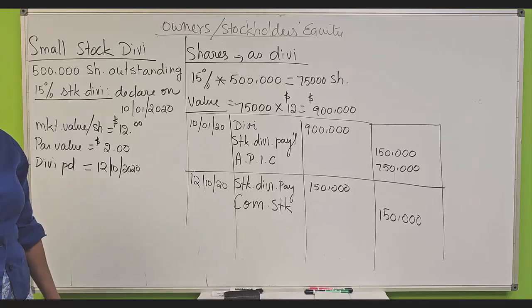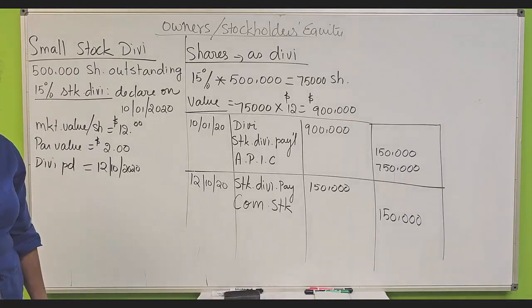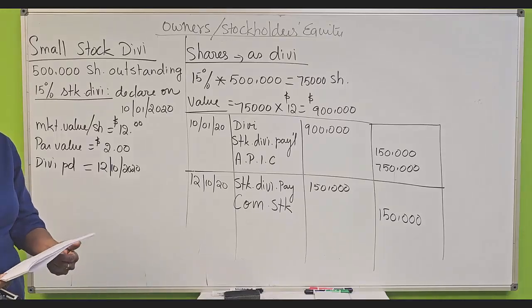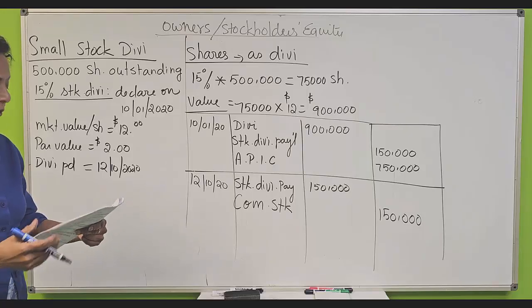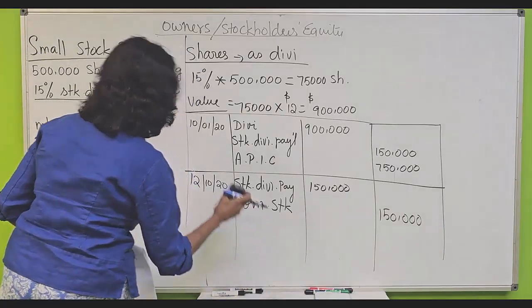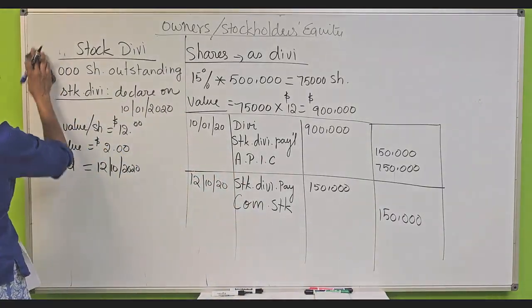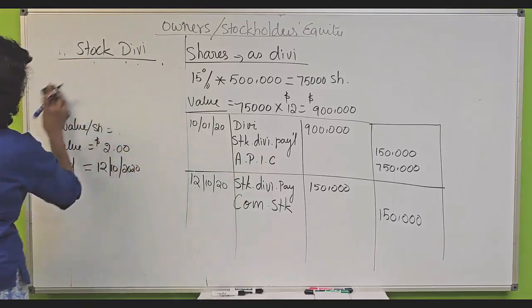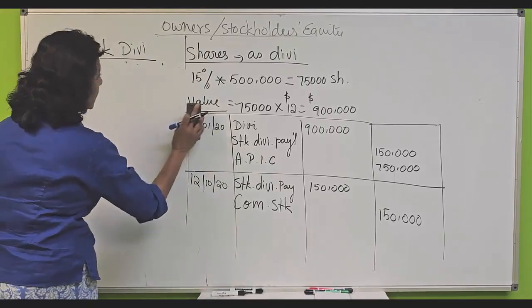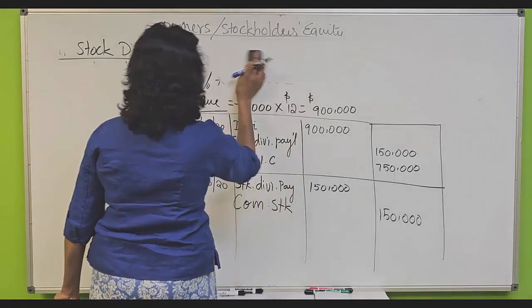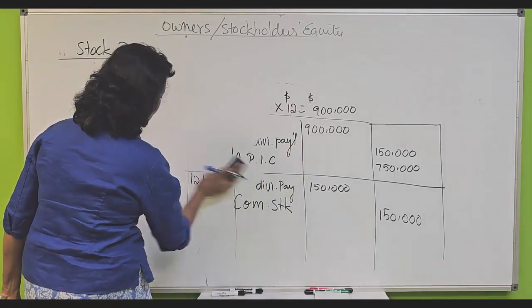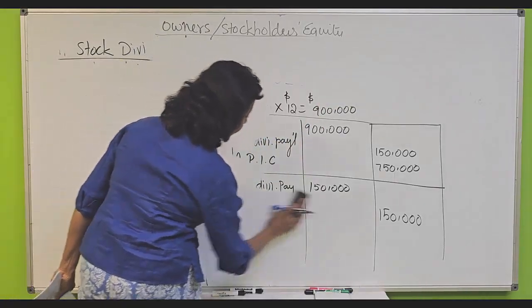Okay, so for small stock dividend, the value of the dividend equals the market value per share on the day of declaration times the number of shares coming out. Now, the large stock dividend. Now let us go to large stock dividend. The large stock dividend will be, the percentage will be more than 20 or 25%.